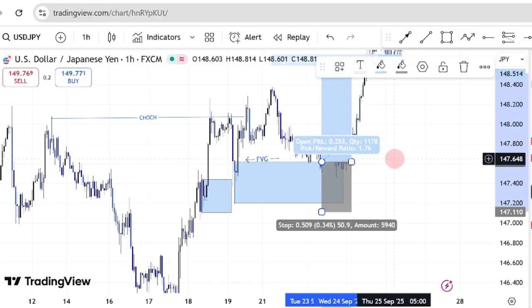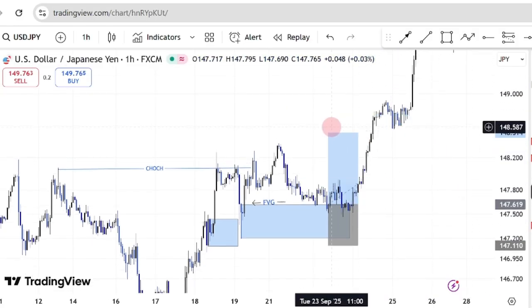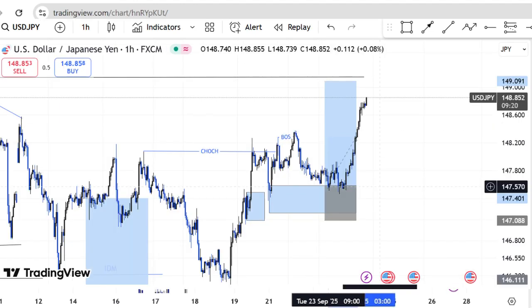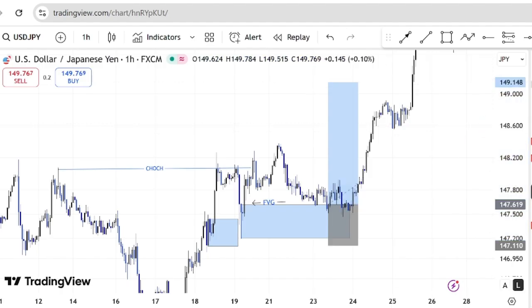This was how the trade was placed, and it was a 1:3. Okay, so this was it.